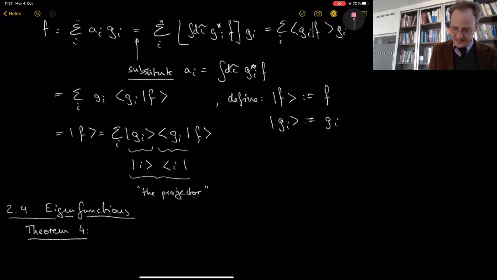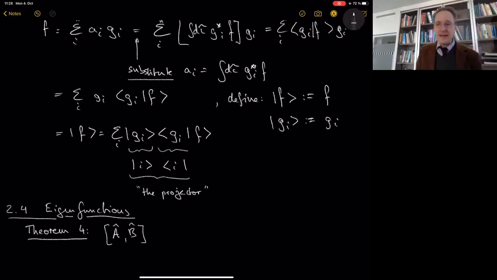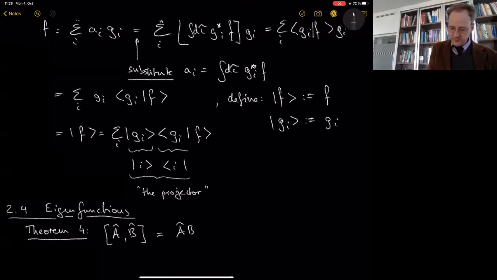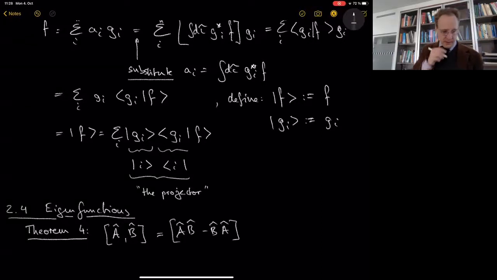And it says that if you have two Hermitian operators, and you write down their commutator, you should know.